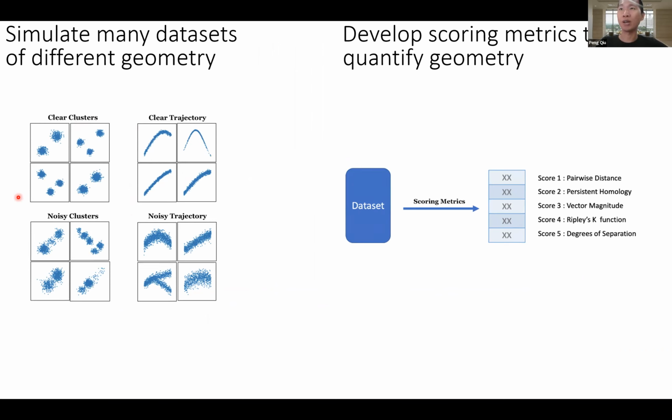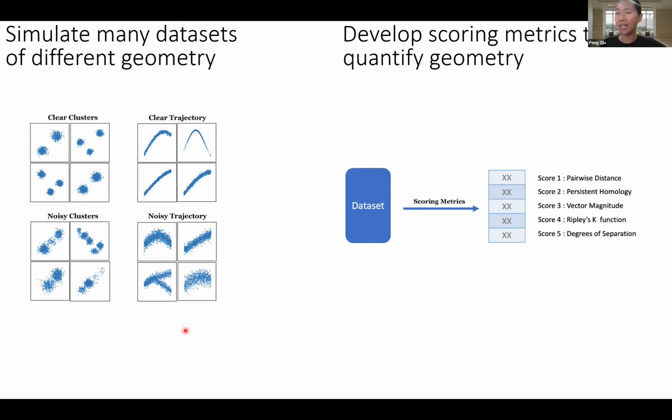We simulated 3,000 data sets that all look like this, with clear cluster structures. We also simulated many data sets with noisy cluster structures, so they are still cluster-like but not as clear. And we also simulated data corresponding to clear trajectories and noisy trajectories. So now we have a large library of data sets which we roughly know how they look.